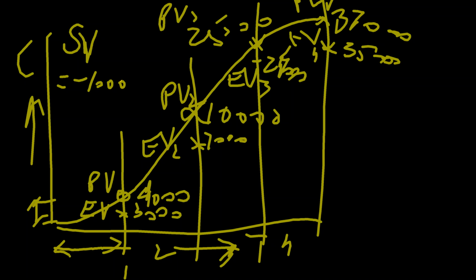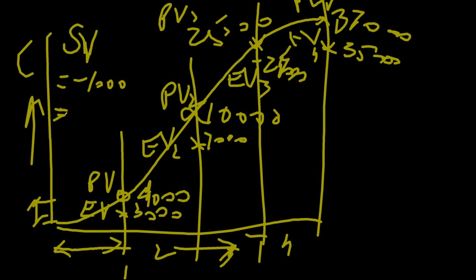So how did you find it? What is the formula to calculate SV? Azim, can you tell me? PV minus EV. Okay, PV minus EV would be 4,000 minus 3,000, that gives plus 1,000, which is wrong. Yes, that is wrong. EV minus PV. Very good, very good.